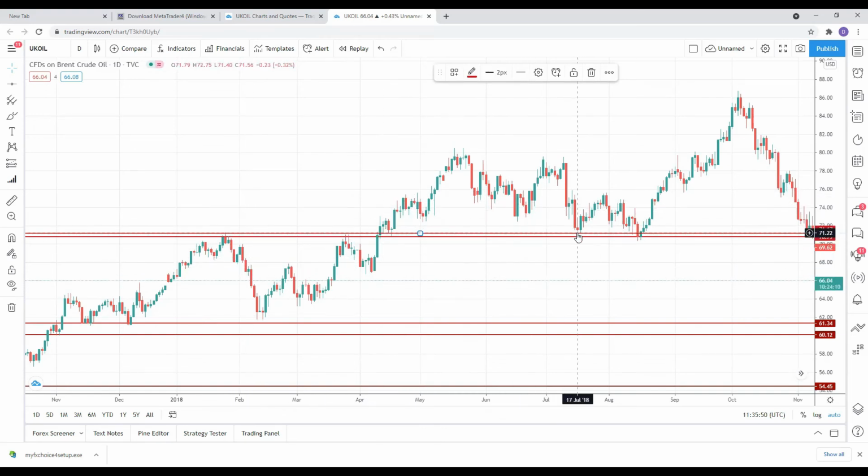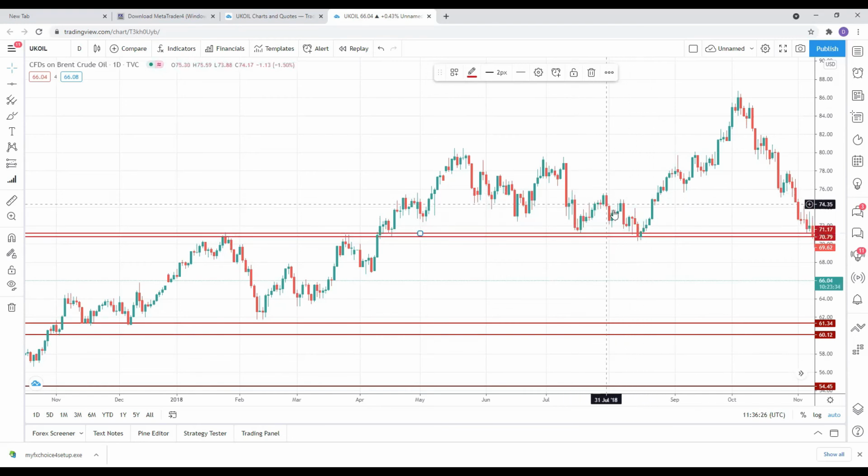Here we see the previous resistance is also acting as support. How can we determine this? The price of the asset is bouncing off this level of structure. The price of the asset is bouncing off the previous resistance. The previous resistance is now acting as support. The price of the asset also bounced off the previous resistance right here. This area is now acting as support.